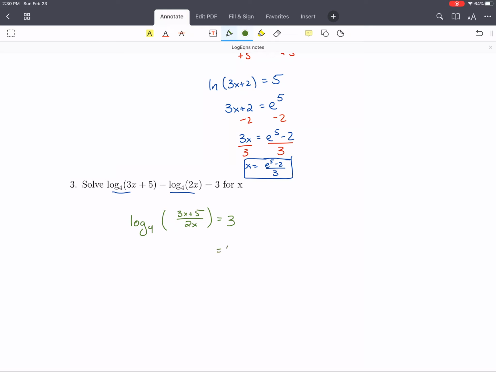Well, that means if I take 4 to the third power, so it's like I'm thinking of doing the inverse on both sides of this equation.